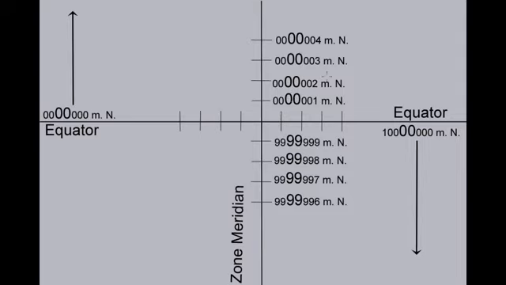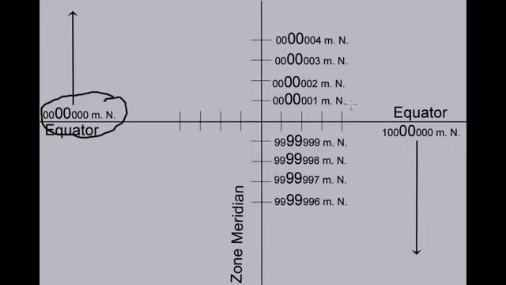Let's start out by looking at northings. For purposes of working your way north from the equator, for purposes of the northern hemisphere I should say, the equator is assigned a value of 0 meters north. And for each meter you go north of the equator, that value increases by 1.